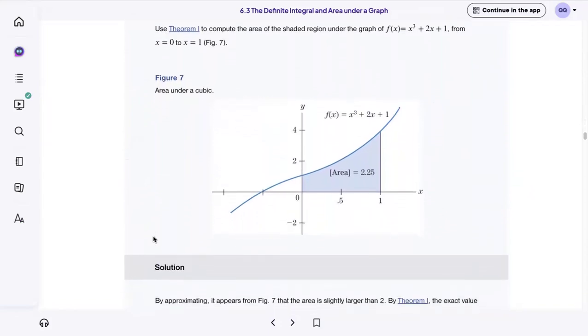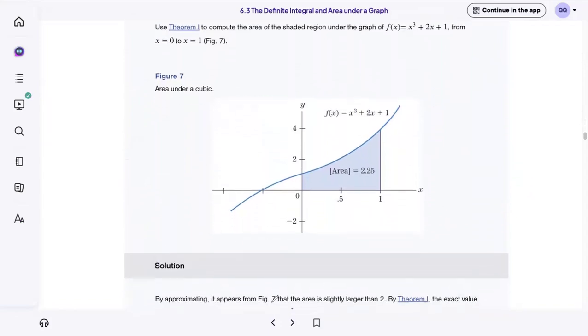Let's see this one. So the function is given as a polynomial of degree 3. We want to find the area between 0 and 1. So we set up the integral. The lower limit is 0, the upper limit is 1. The integrand is x cubed plus 2x plus 1 dx. So that's the setup. Now anti-differentiate.